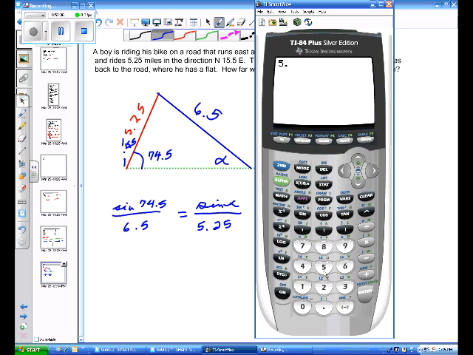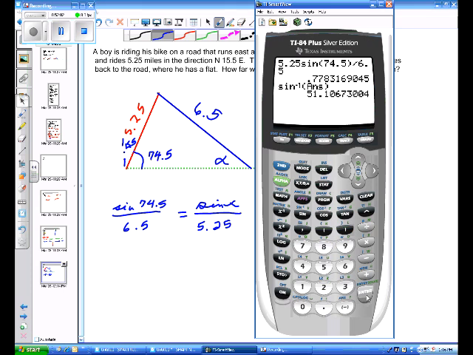So we've got 5.25 sine 74.5 divided by 6.5. Okay, now we need the angle, and I didn't put it first, so I'm going to press second, sine, second, answer.